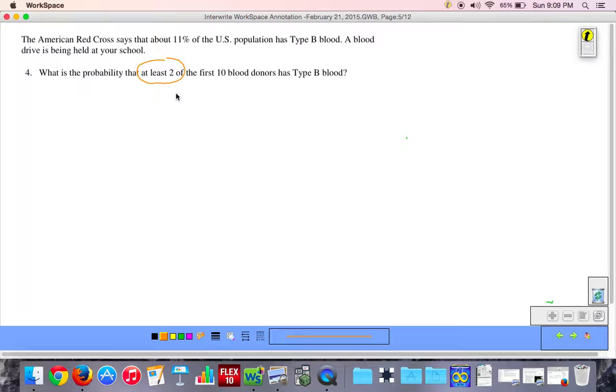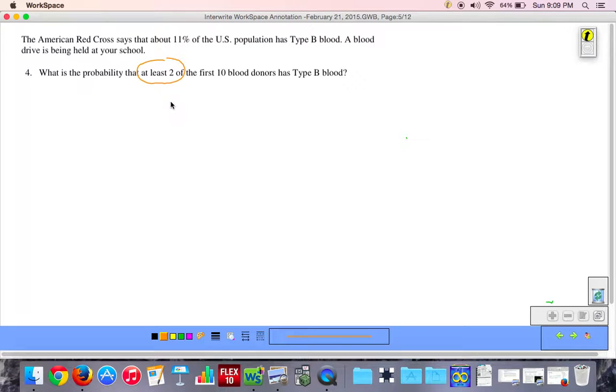So we're going to find the probability that it's less than 2, which would really mean either 0 or 1 donor, right? And if we did 1 subtract the probability of less than 2, then we'd actually answer this question.